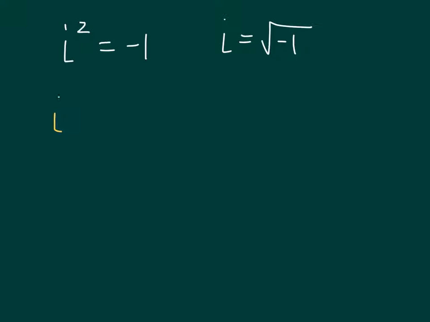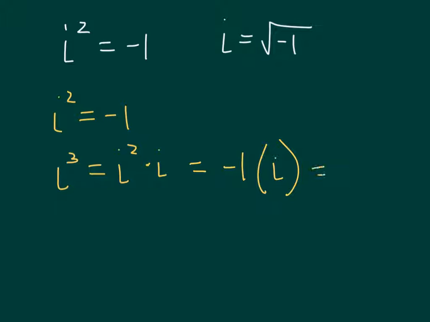As we said, i squared equals negative 1. i to the third is the same thing as i squared times i. Since we already said that i squared is negative 1, we can substitute negative 1 for i squared, so we end up with negative 1 times i, which just gives us negative i.